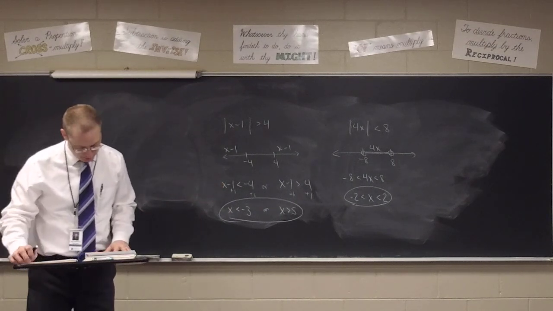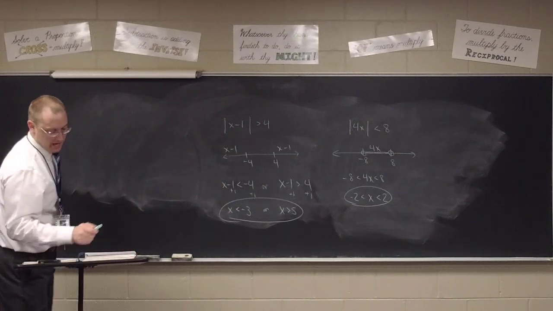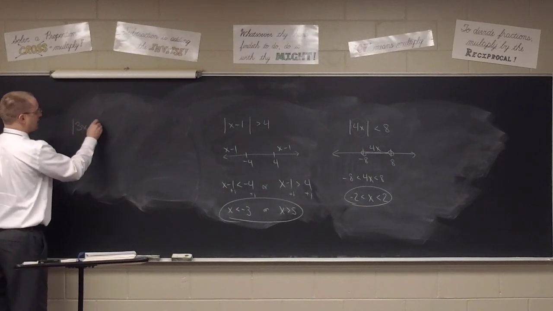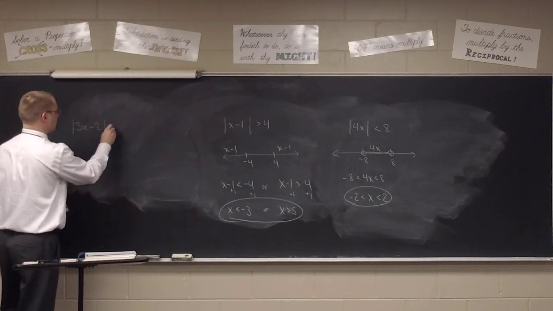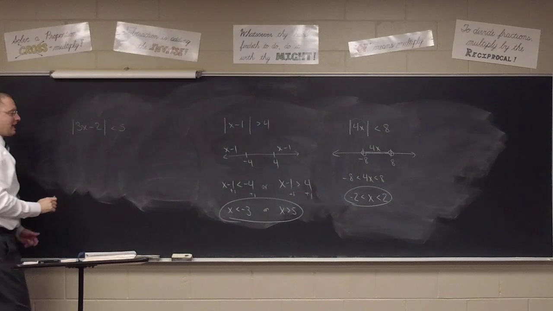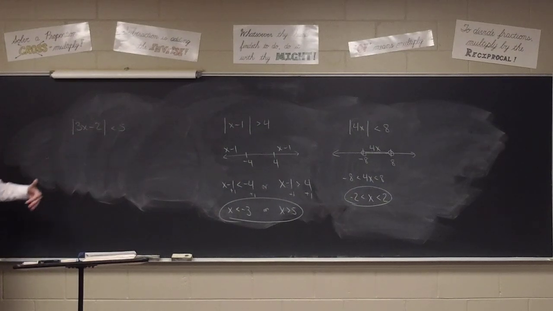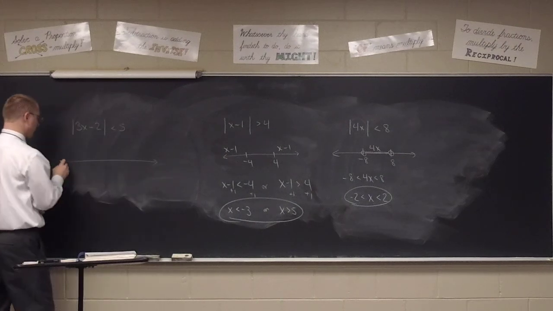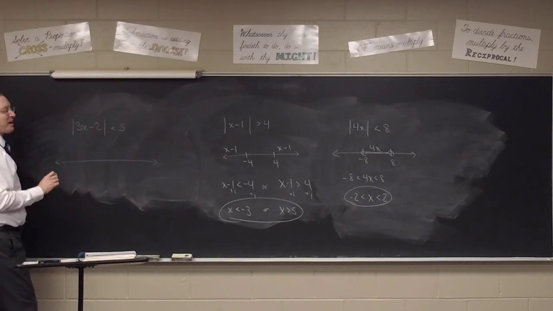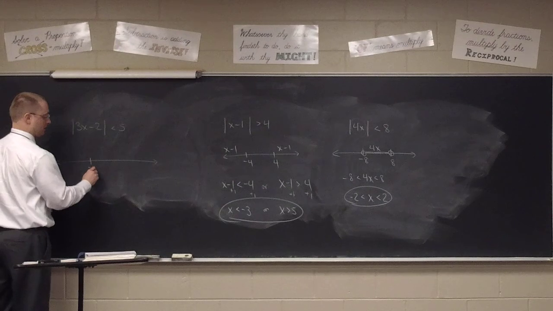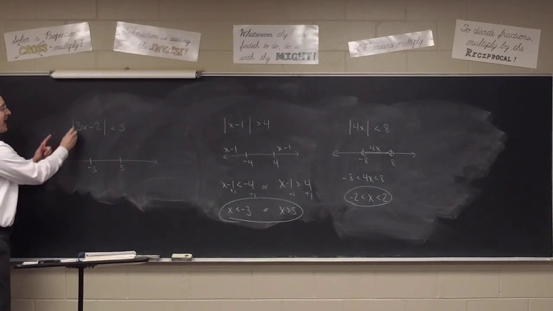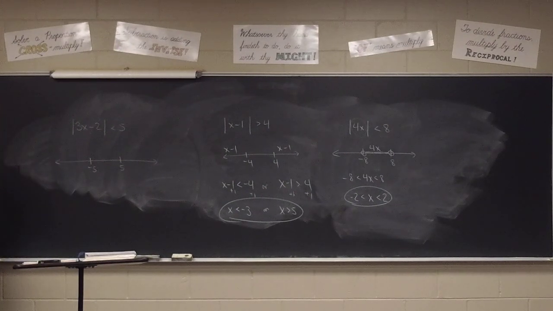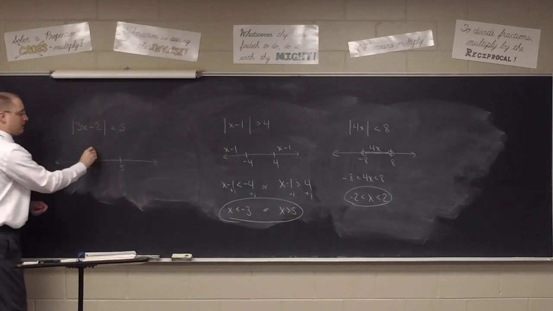Look with me at number 10. We've got the absolute value of 3x minus 2 is less than 5. Again, I've got my absolute value isolated, so I'm ready to draw my number line. On the number line, class, not just Noah, plot both. And I'm going to put the entire 3x minus 2 inside.